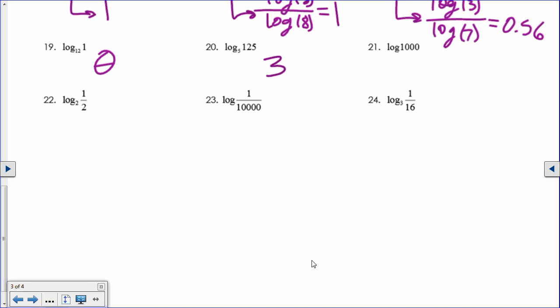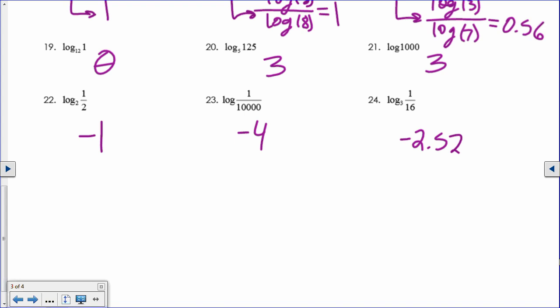Okay, 21. 3 again. 22. What do you guys get for 22? -1, okay. 23. -4. Alright. Last one. Yep. Everybody get those? Yeah. Alright, so that's how you guys would evaluate.